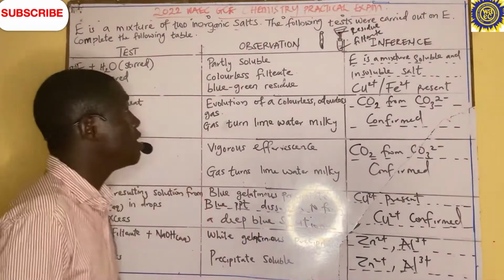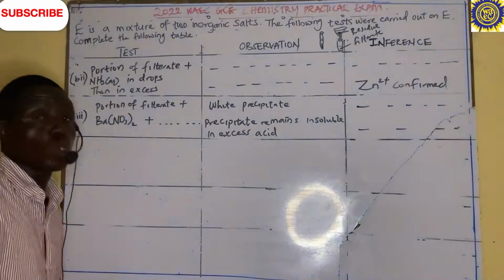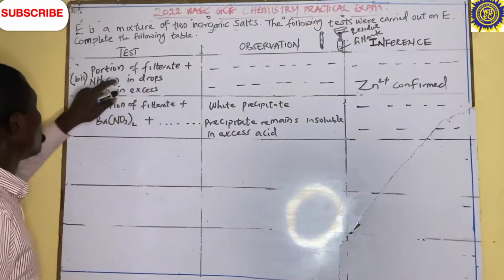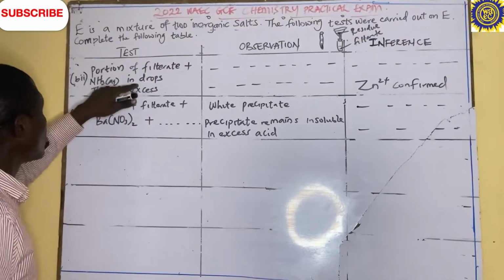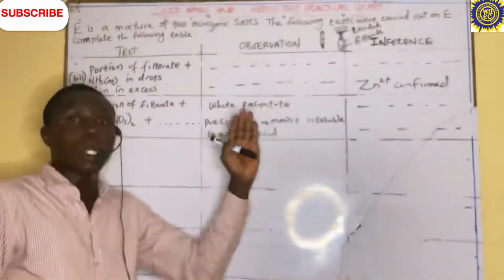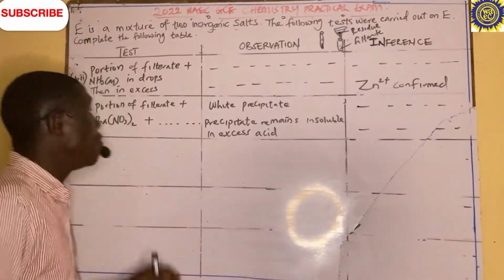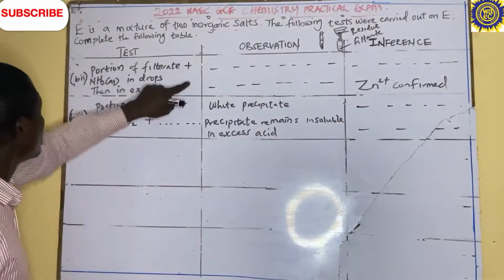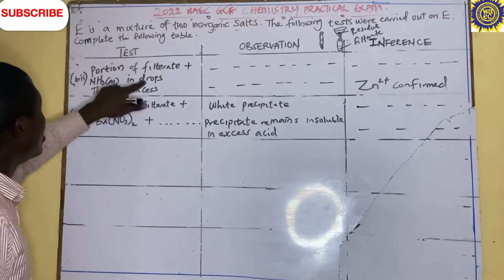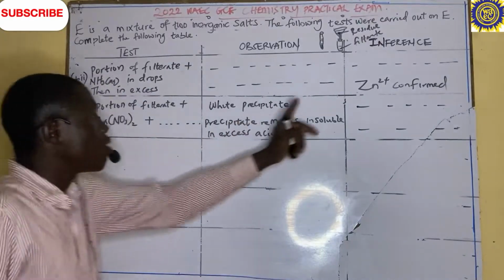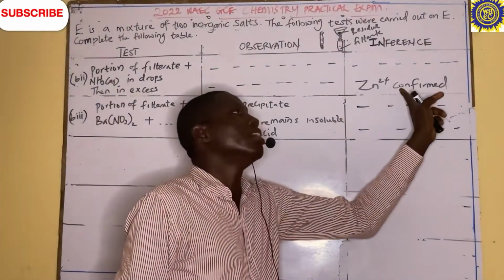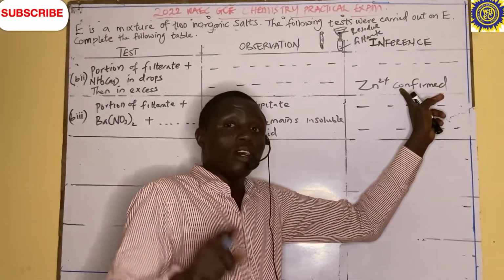Now the question is yet to be completed, so let's clean this as we write the remaining part of the questions. Question number B, Roman 2. Portion of the filtrate plus aqueous ammonia in drops, then in excess. Now look at this. We have already used sodium hydroxide, and we are able to get zinc and aluminum. But now here we are given portion of the filtrate plus aqueous ammonia in drops, then in excess, and we are told under inference that zinc 2 plus is confirmed.